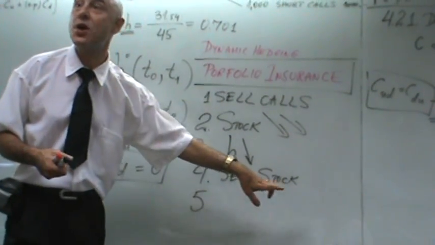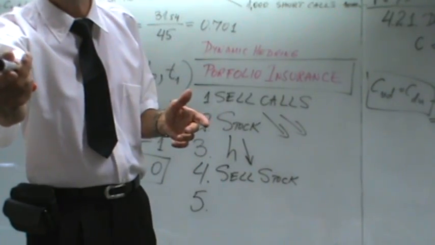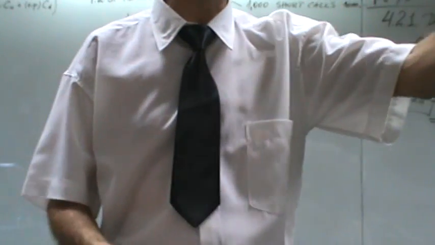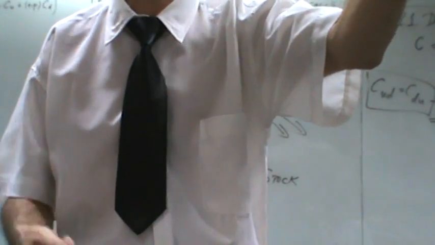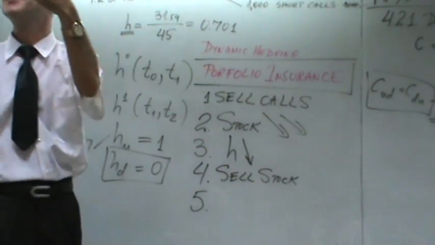So, you have to lower your ratio by selling the stock. And when you sell the stock, what happens? If you sell the stock, nothing happens. You're okay. But you sell stock, and you sell stock, and you sell stock, what happens? Now, the stock crashes.